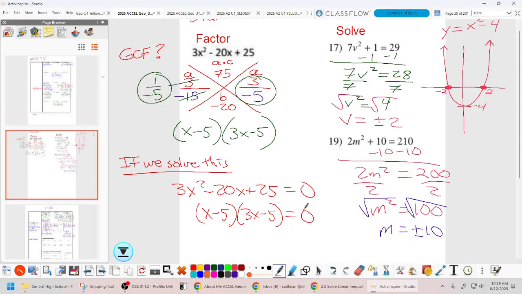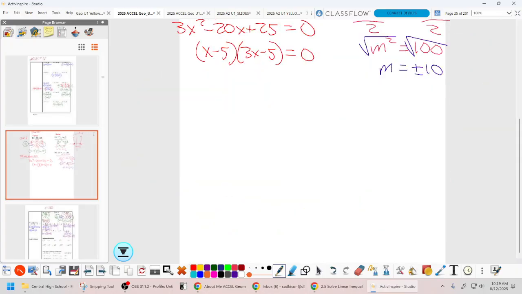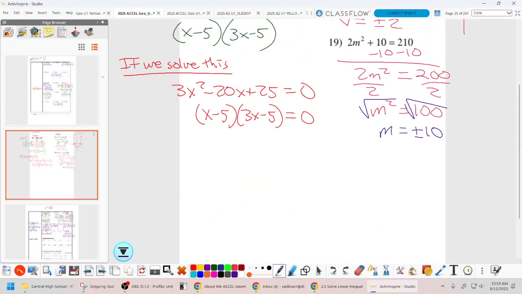Okay, step four. Sorry, flipping around a lot. Step four says to do what? Solve, like separate them and solve where they equal 0. So x minus 5 equals 0. Because remember, if that's 0, 0 times this is 0, right? 0 product property.